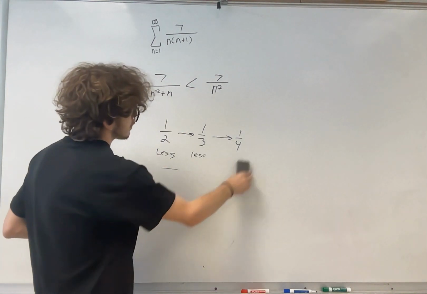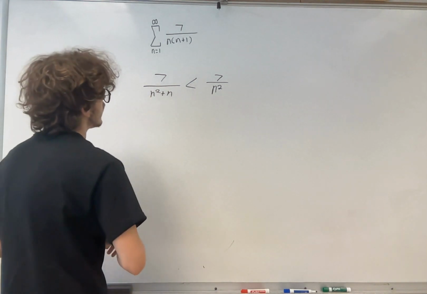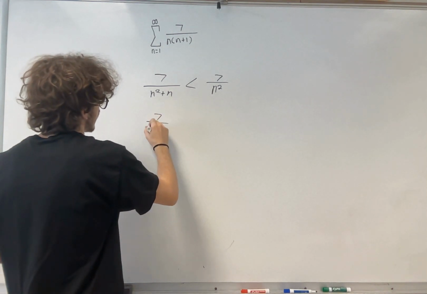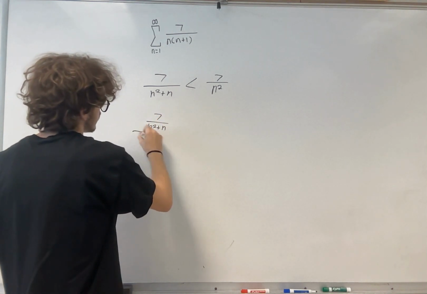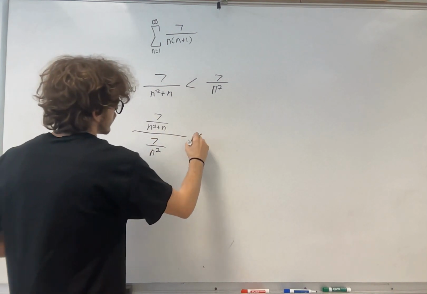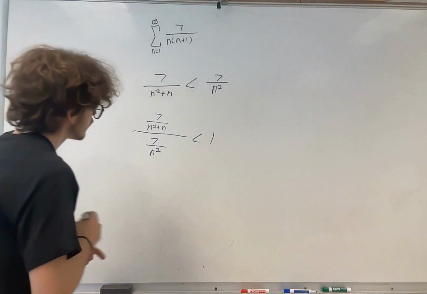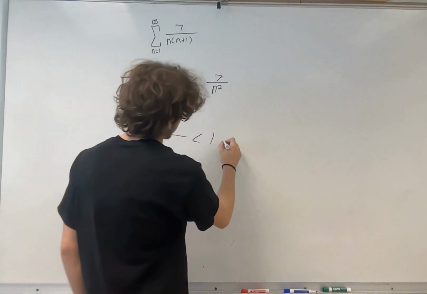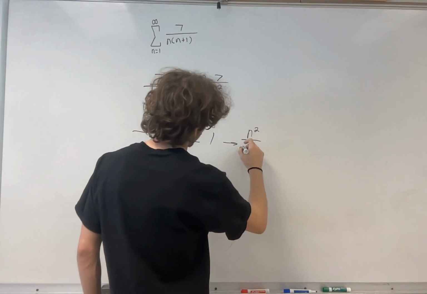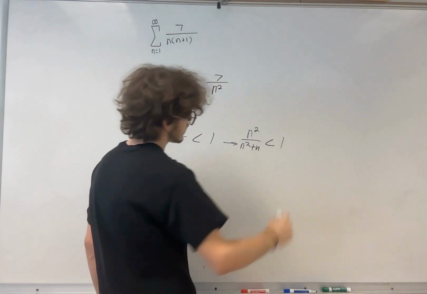Now if you feel like proving that, we could simply divide over this. So we could say 7 over n squared plus n, over 7 over n squared, is less than 1. We could reciprocate everything to say that n squared over n squared plus n is less than 1.